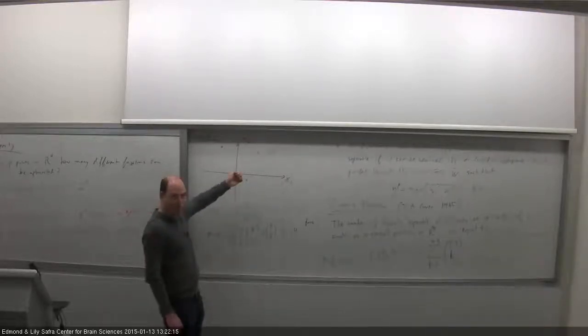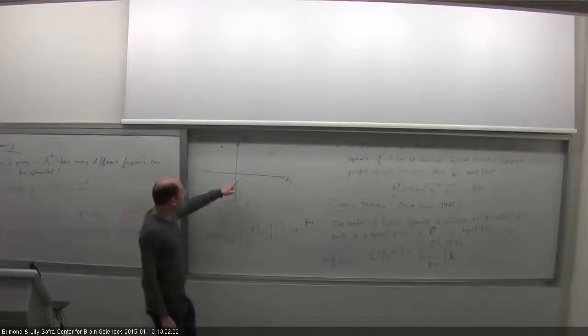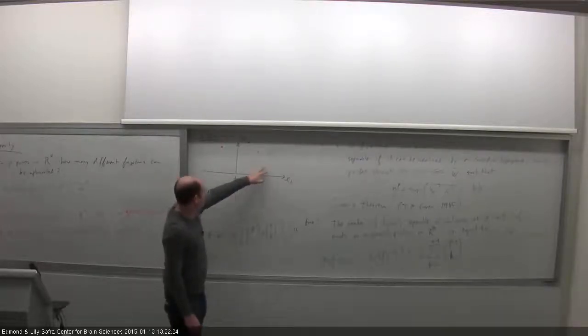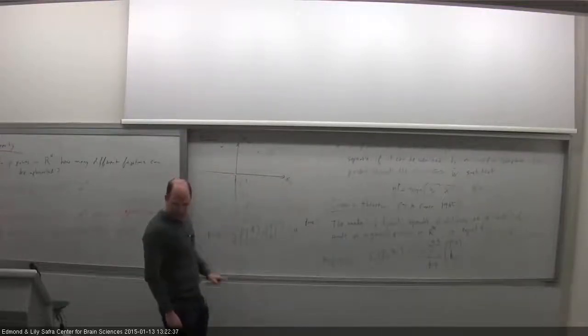I can choose each way. So I have 6 possible functions that I can implement, right? By the way, I could have chosen the third point to be here, and in that case, I would have a possibility to have the 3 points have the same value. But you can go over this example and convince yourself that in that case too, I will have only 6 functions that I can implement.